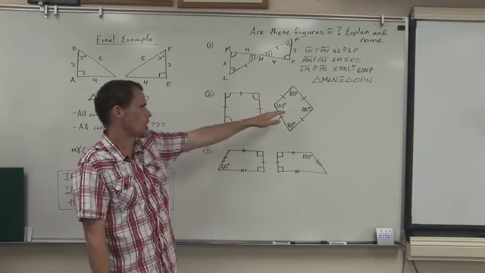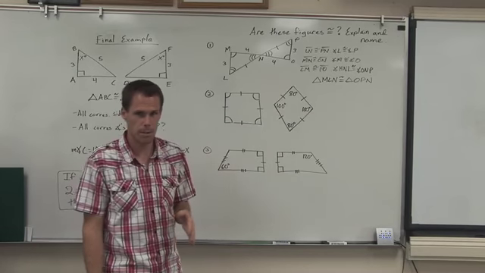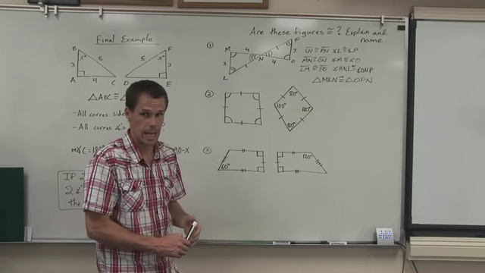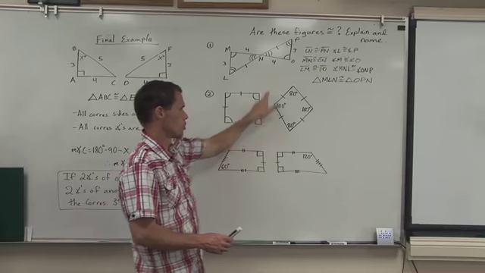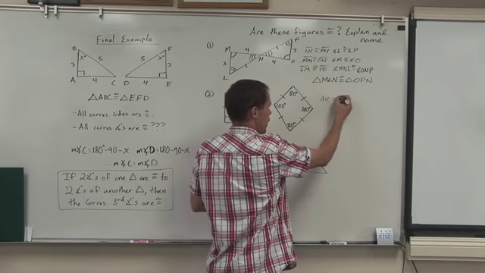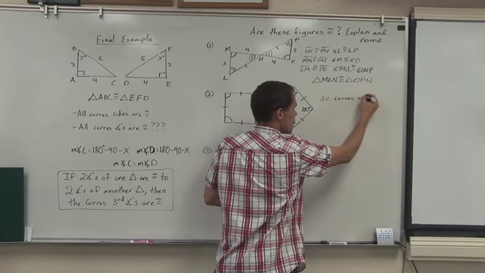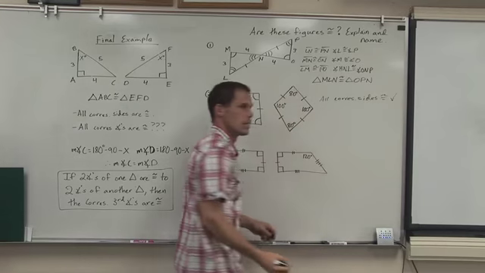Are these two shapes similar to each other? I don't even have letters on here for us to name them. So let's take a look and see if we can figure this out and whether we need to name it. This has all 4 sides congruent. So does this. Okay. All corresponding sides congruent. Check.